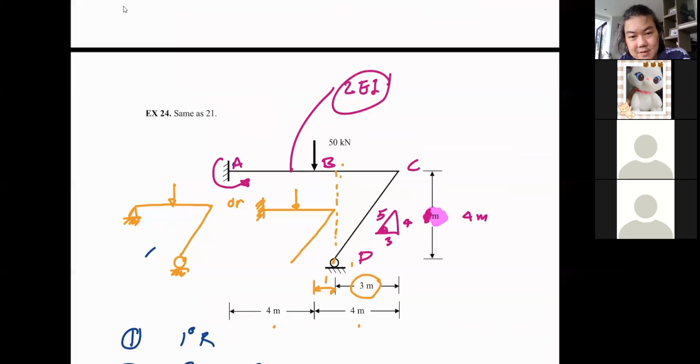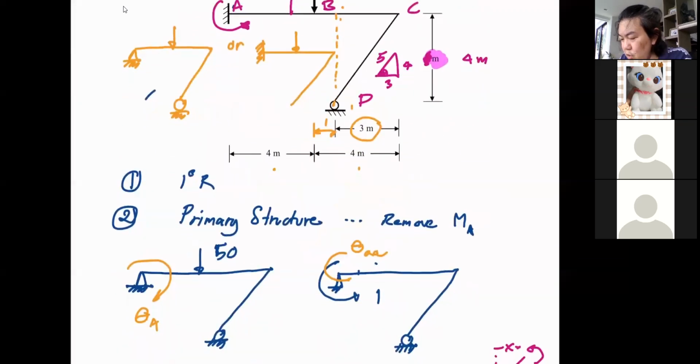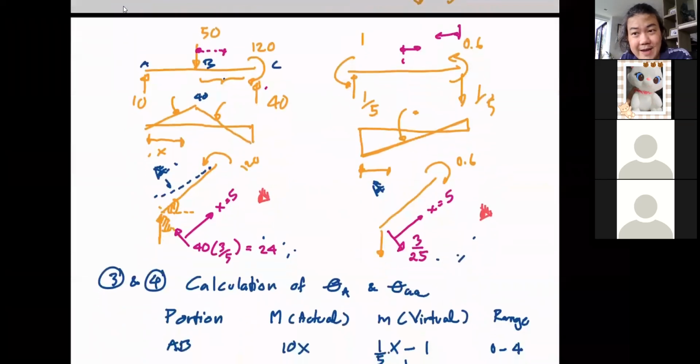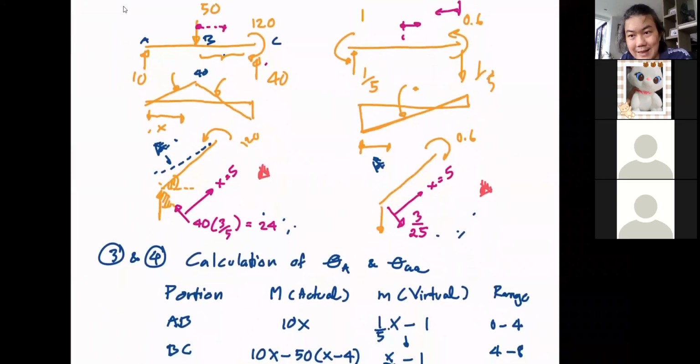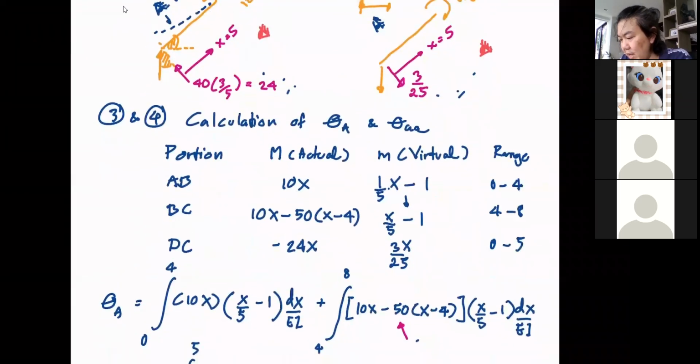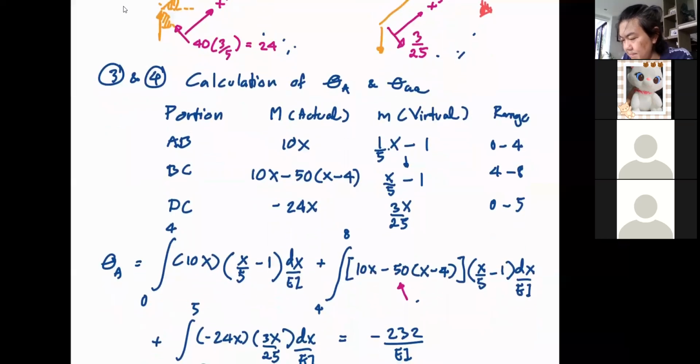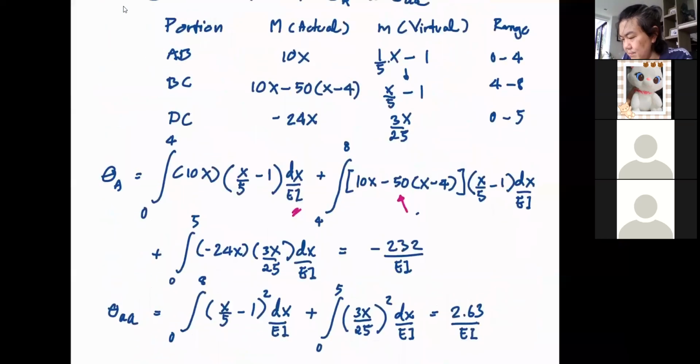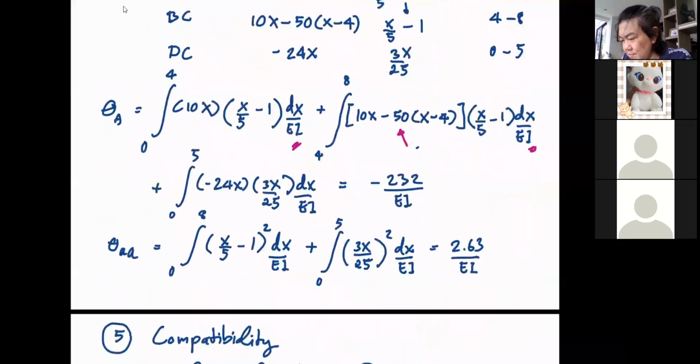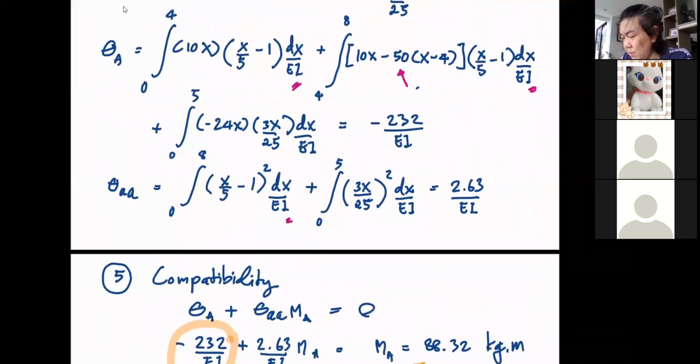No, it's no longer going to cancel out. It's going to be a ratio. You will have the effect of member AC having a larger EI in your integral here and then here, so these numbers will change.